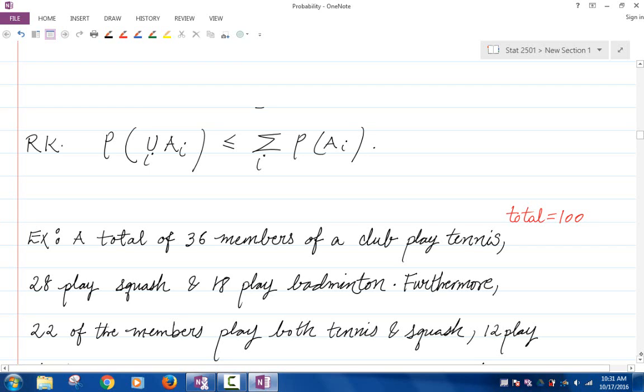So the probability of the union of the Ai is less than or equal to the sum of the probabilities of the Ai. Is that making sense?